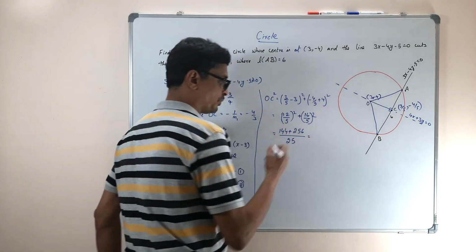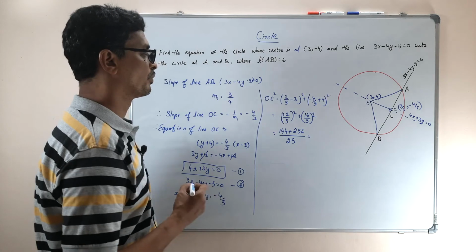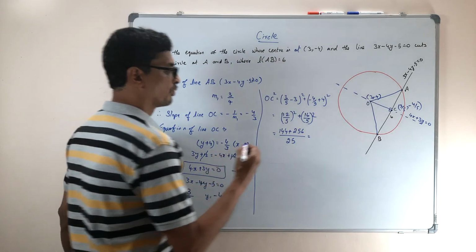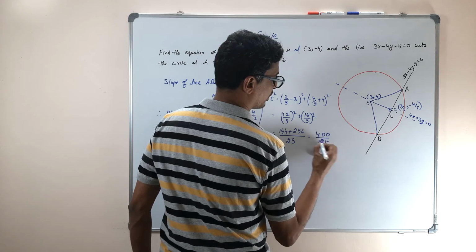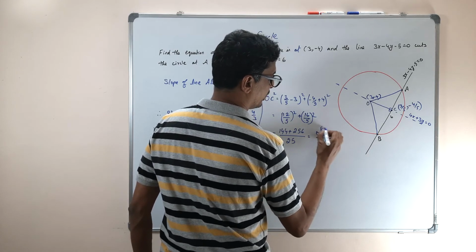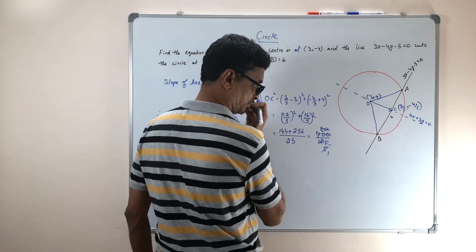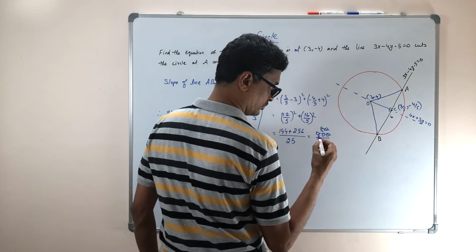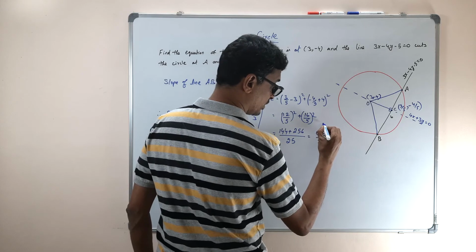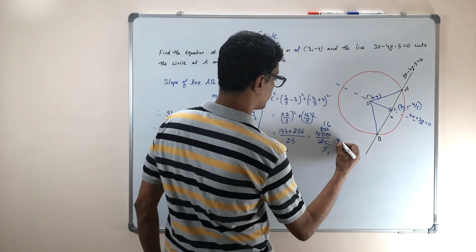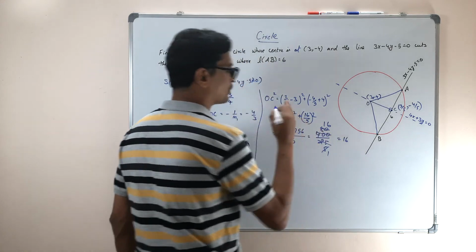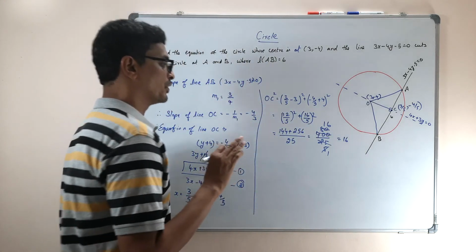Add up, that is 400 by 25. How much will it be? 16. So OC square is equal to 16. Therefore OC equal to 4.